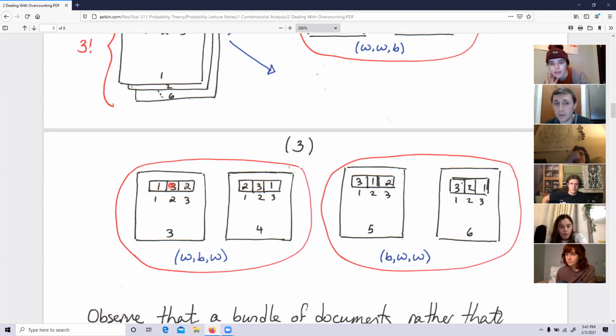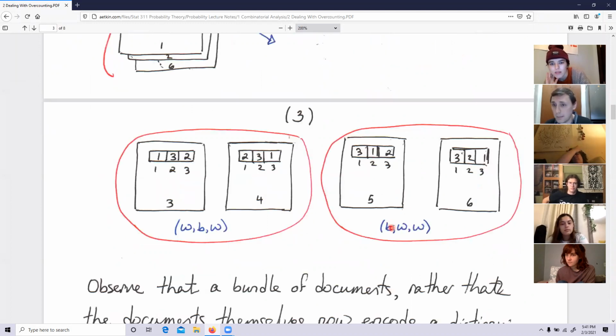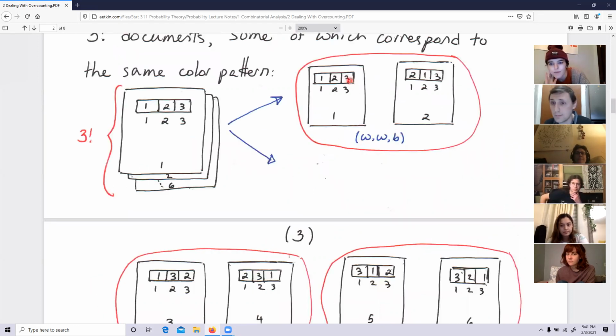And I can write 1, 3, 2 or 2, 3, 1. And for the remaining pattern, there are exactly 2 synonyms. Each particular outcome has exactly 2 codes representing it. You see that? So here it's where 3 is in first place, here it's when 3 is in the middle place, and here it's where 3 is in the last place. Good?